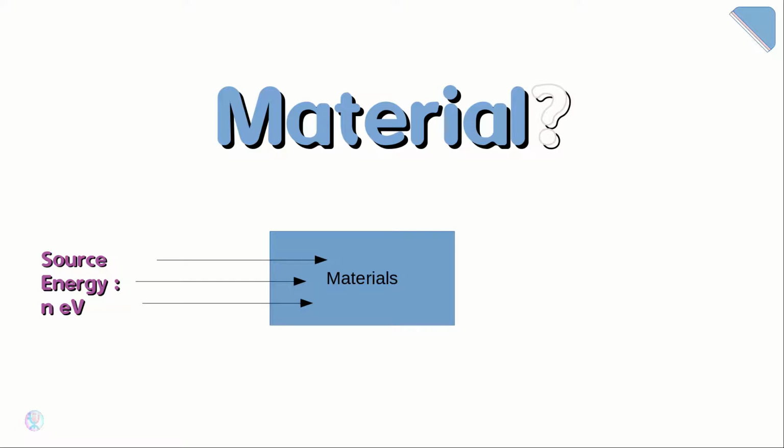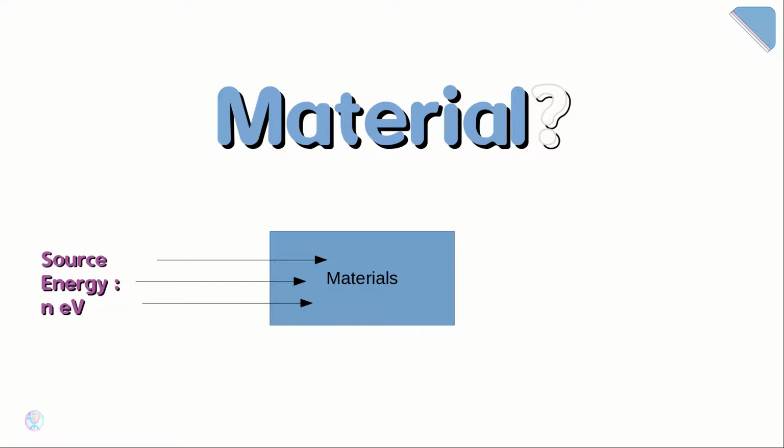The source can be gamma ray, X-ray, photon energy, or something like that, with energy in electron volts. This source makes contact with the materials, and then it can be scattered, absorbed, or whatever, but it depends on the material that you describe here.